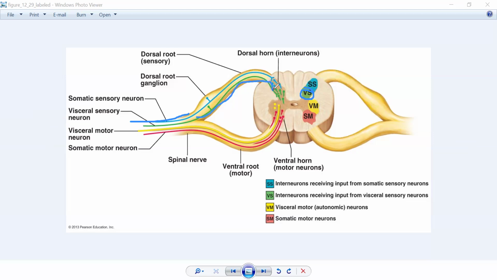So something in the abdominal region, those smooth muscles, those glands you don't have control over, you'd be sending information to the brain, indicating some sensory from those areas. And then SS, somatic sensory, you're sending sensory from skeletal muscles. So you have receptors inside your skeletal muscles indicating when they're being used or stretched. So that's the axons for those neurons sending information up to the brain. It's located in the dorsal horn.